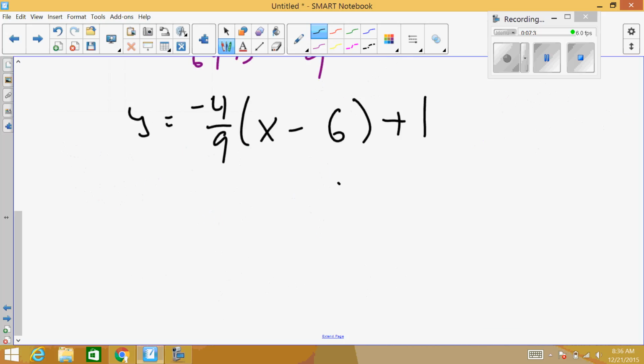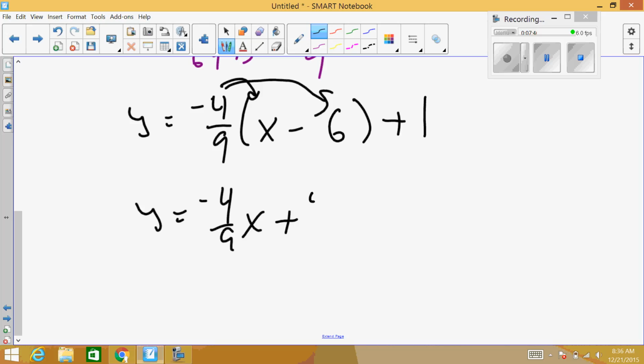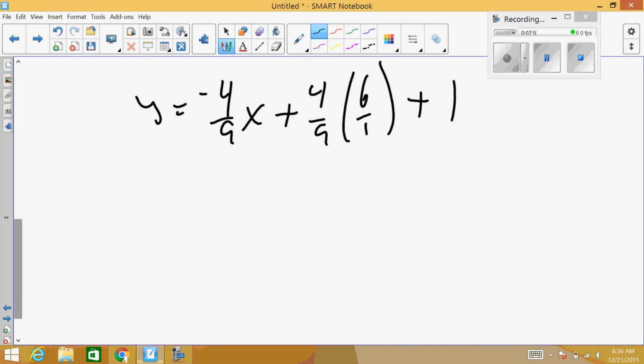If I want to simplify that, I can, and I think I will. I'm going to distribute my negative 4/9. Negative 4/9 x. Negative times a negative is positive, so plus 4/9 times 6, which I'll write as 6 over 1 for right now, plus 1. Y equals negative 4/9 x plus, I believe 3 goes into both 6 and 9, which leaves me with 2 and 3.